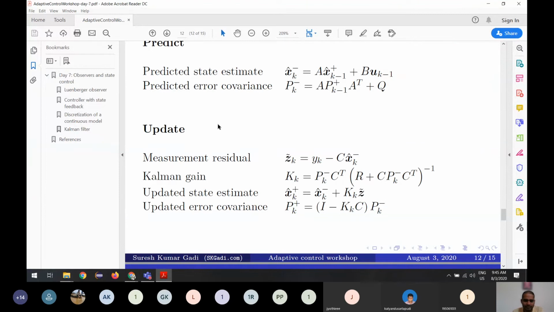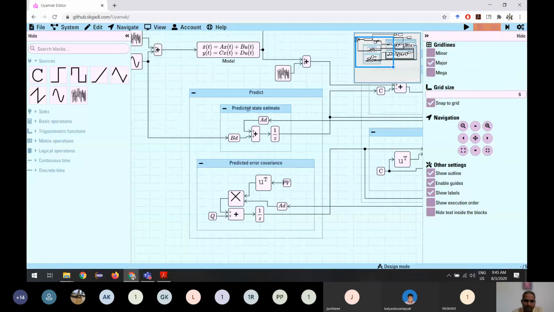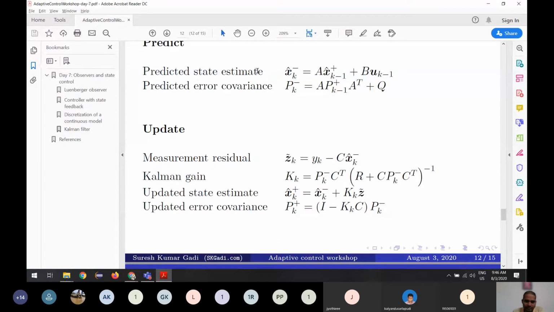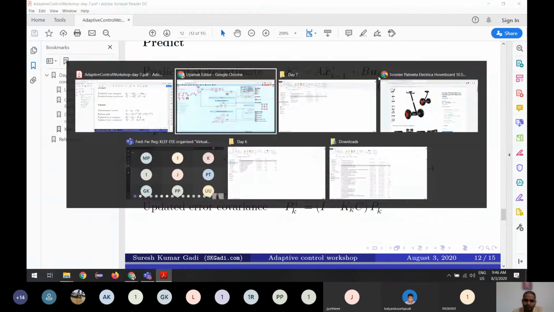So let us see how the predict stage works. In the predict stage we have two parts. The first one is predict the state estimate. The predicted state estimate is this equation: x of k is equal to A times x of k minus 1, the previous value, plus B times u.